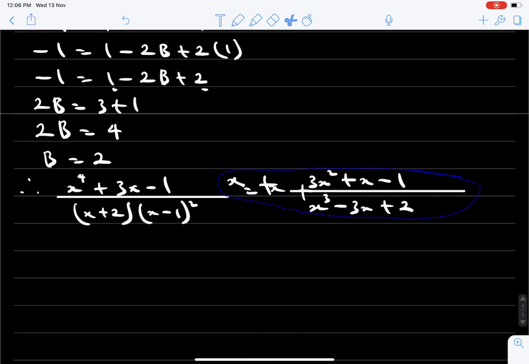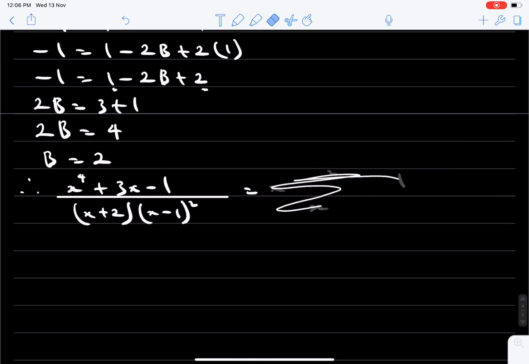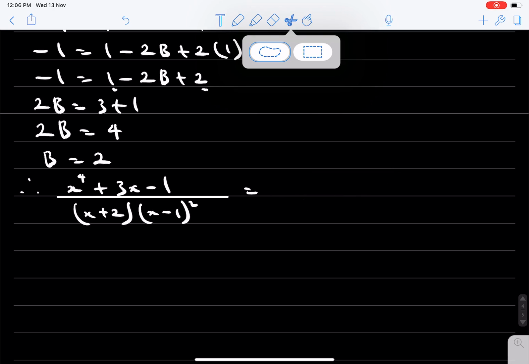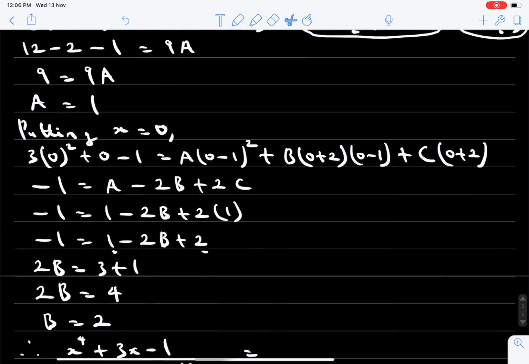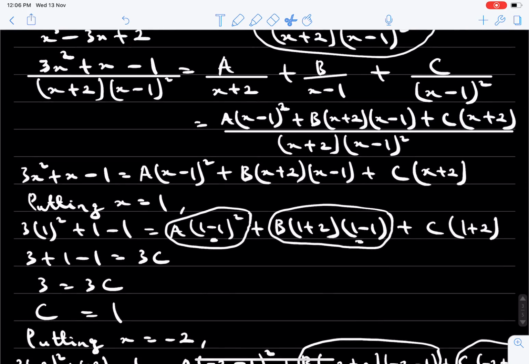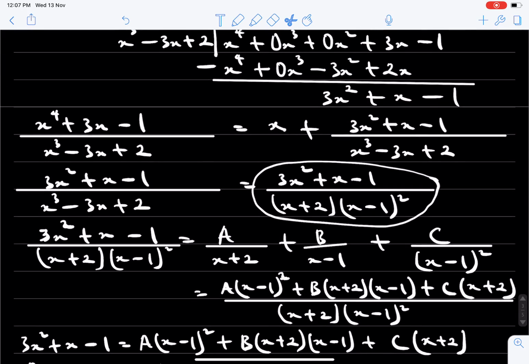Paste. Okay, that's good. And I can delete what I had there before. I'm trying that again.